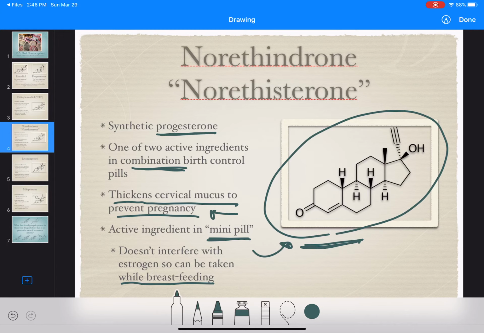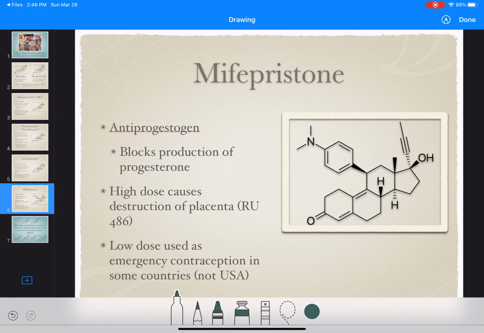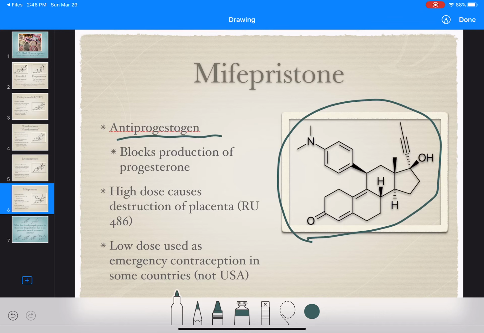And then one more synthetic hormone that we're going to look at is mifepristone. This is not a birth control. This is an anti-progestogen, which means that when you take this drug, your body just stops producing progesterone. Progesterone is necessary to sustain pregnancy. So if you take a very high dose of mifepristone, it will basically terminate your pregnancy.